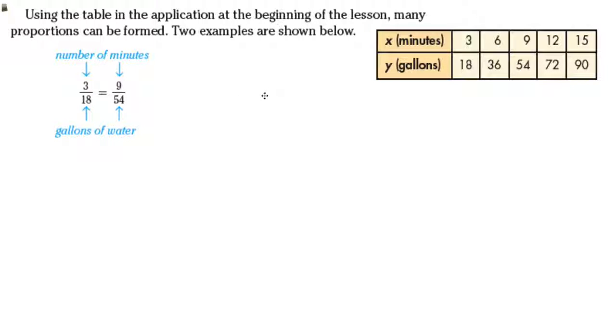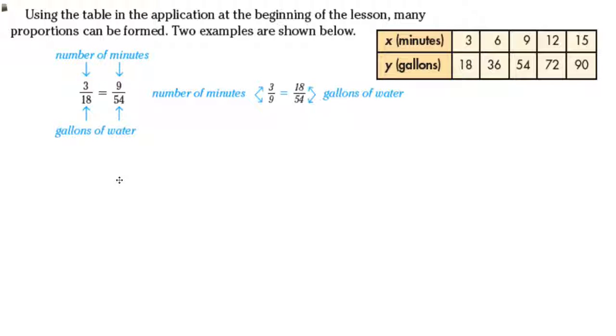So your number of minutes will be 3 over 9, and 18 over 54 will be your gallons of water. So those are two examples of how you can create a proportion from that table.